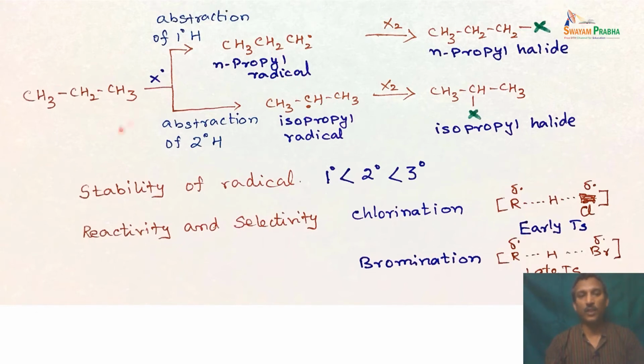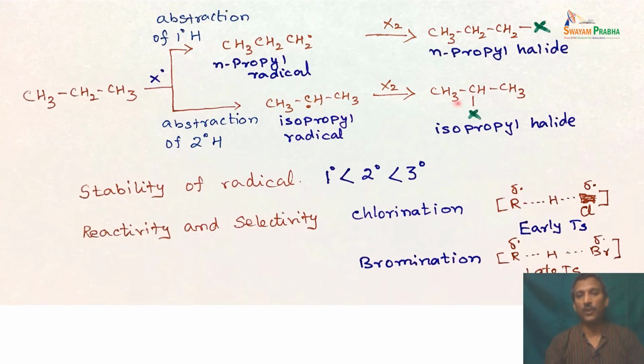So between the starting material and the radical, which one reacts very quickly is the one which decides the product distribution. Between these two, we already know this isopropyl radical is more stable compared to the N-propyl radical. So that is the reason in the bromination reaction, this is the more stable radical.